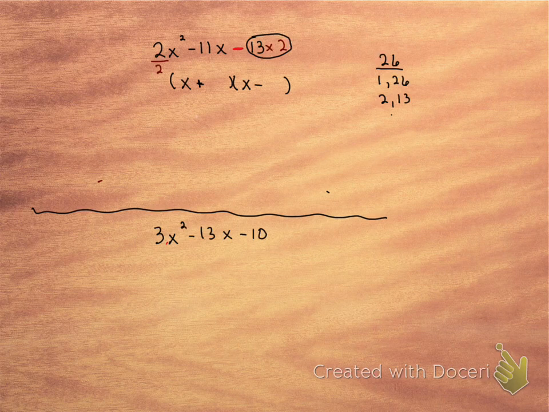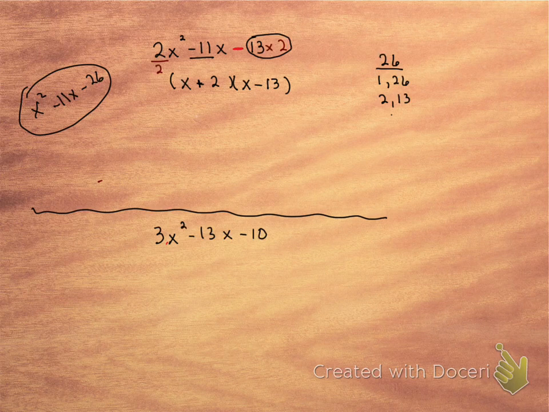So the combination that gives us an 11 negative would be when 13 is negative and 2 is positive. 2 minus 13 is negative 11, and when you multiply them together, you get negative 26, okay? So that is our temporary, or I should say our temporary was our x squared minus 11x minus 26.